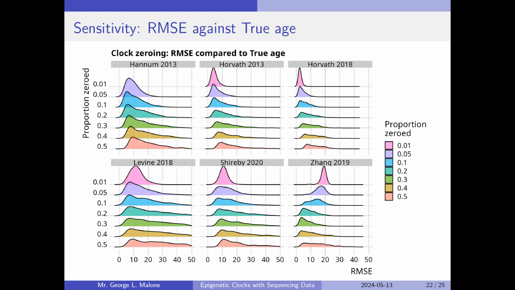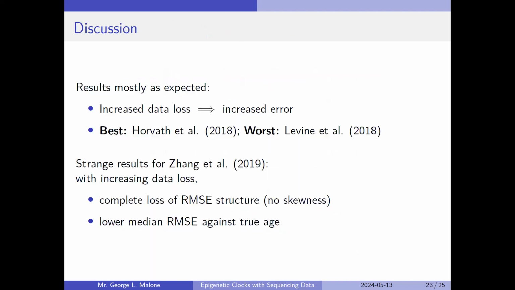And again, Levine reaches all the way up to 100. So the result is that increasing data loss increases error. For the strange results for Zhang, the models lost that skewness seen in the other plots, and the age estimates shifted closer to the true age as the data loss increased.